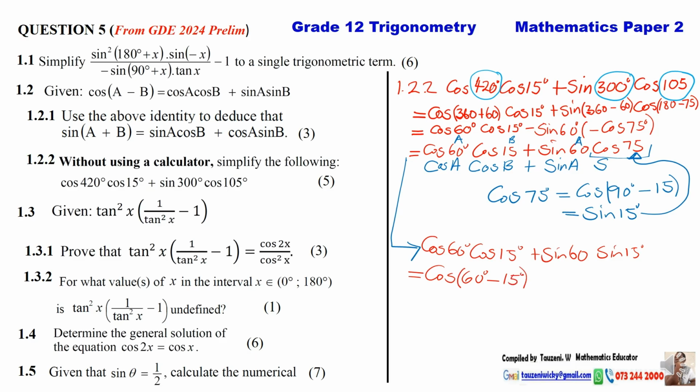Then 60 minus 15 is equal to 45. So this is the same as the cos of 45 degrees. 45 degrees is a special angle, so the answer to this question is root 2 divided by 2, or we can express it as 1 over the square root of 2 from the special angles triangle. That is question number 1.2.2 answered.